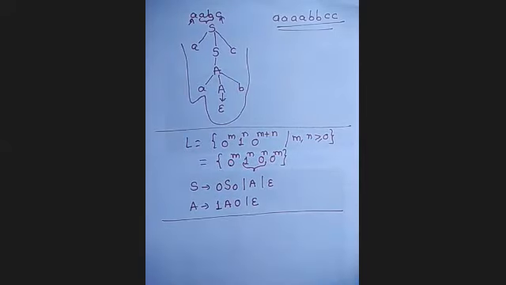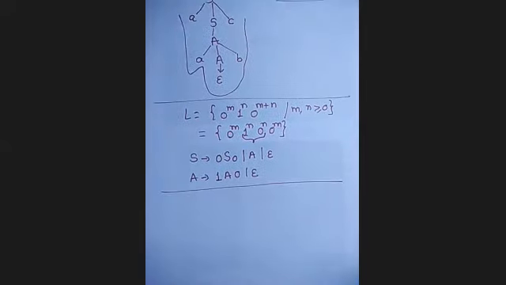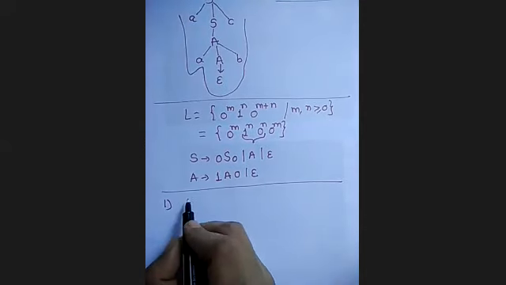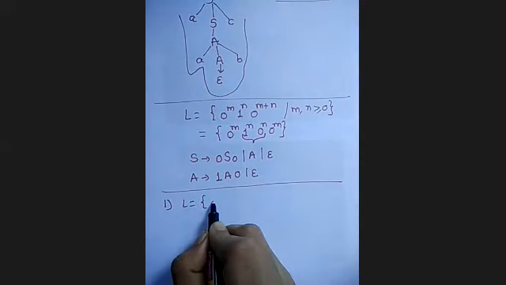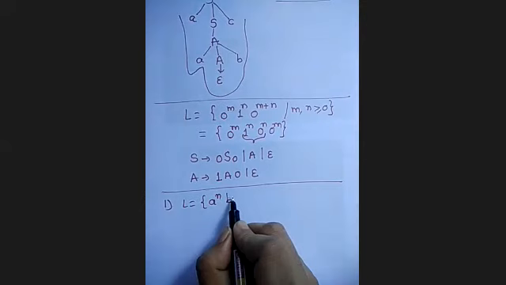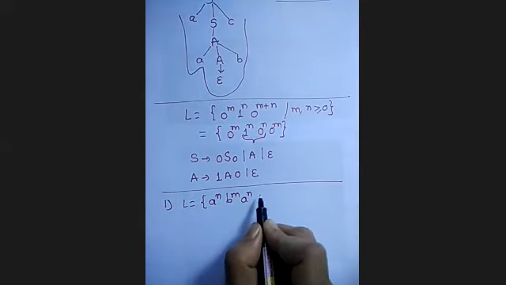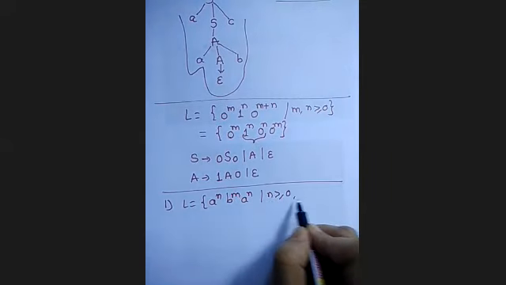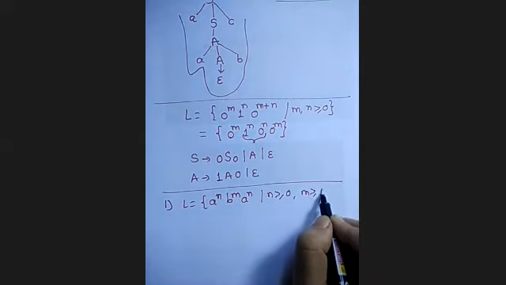So I'll give you some problems again for the homework. Now, each time I am telling you, I want at least you should try, and tomorrow you tell me the answers for this. Let L is equal to a to the power m, b to the power n, a to the power n, where n is greater than or equal to 0, m greater than or equal to 1.